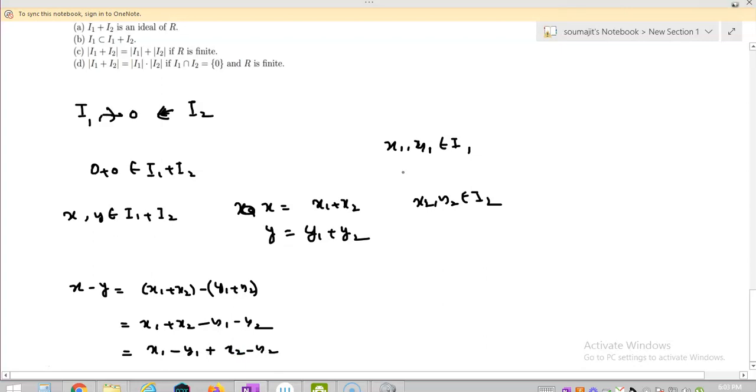Now you can see that x1 belongs to I1 and y1 belongs to I1, and I1 is an ideal. So I can say that x1 minus y1 belongs to I1. x2 belongs to I2, y2 belongs to I2, and I2 is again an ideal. So this belongs to I1 and this belongs to I2, and hence this belongs to I1 plus I2.